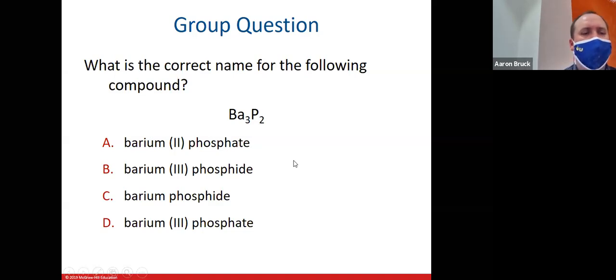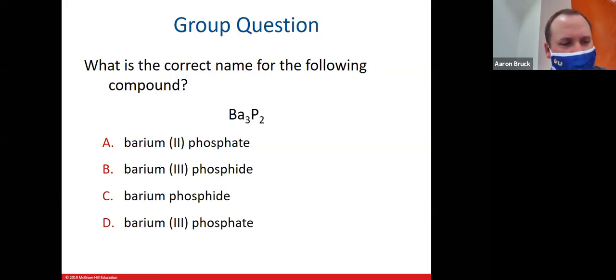All right, let's look at this one. Answer with me together. If you're on Zoom, type in the letter of the correct answer into the chat. Ba3P2. What is the name of this compound?